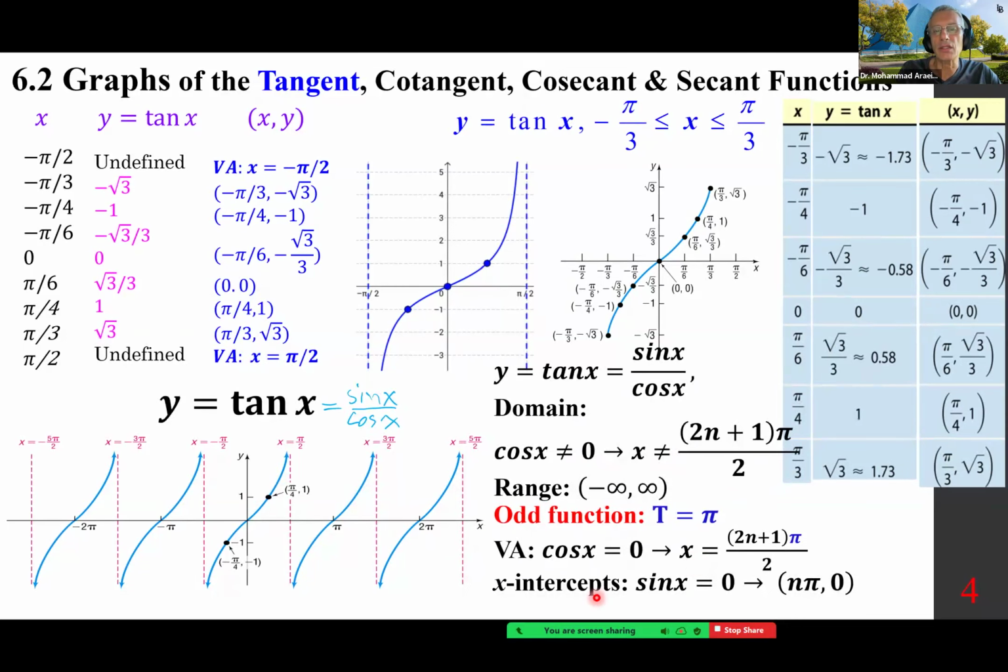And the x-intercept, going back to this format, y is 0 when the numerator is 0. That means sine is 0. That means x equals n pi. So x-intercepts occur at n pi, comma, 0. So that gives you a lot of information, and the fact that the tangent is sine over cosine is truly helpful.